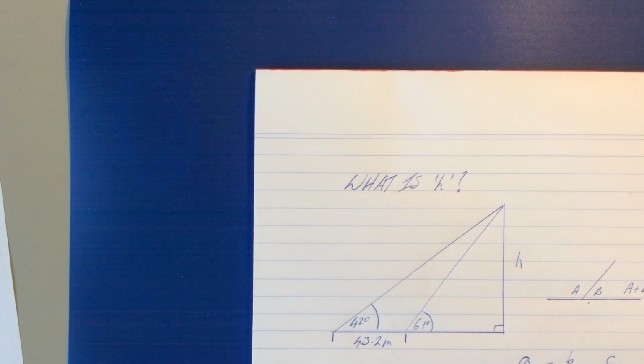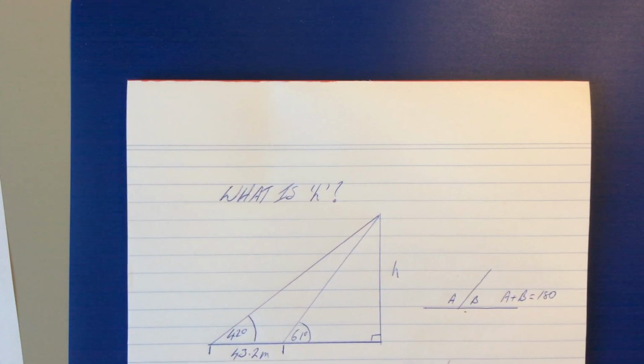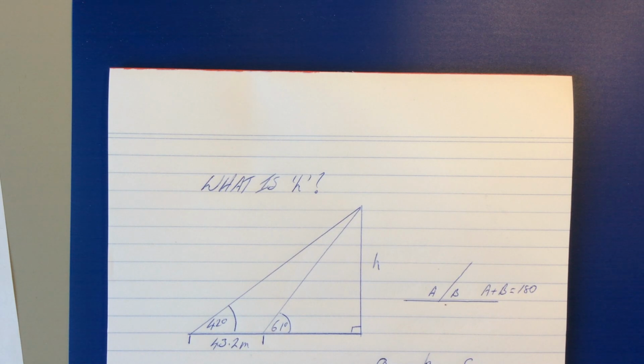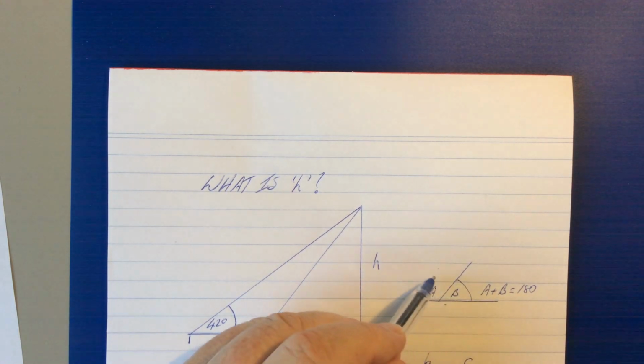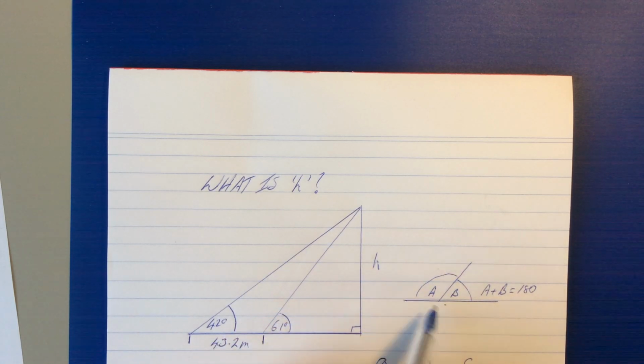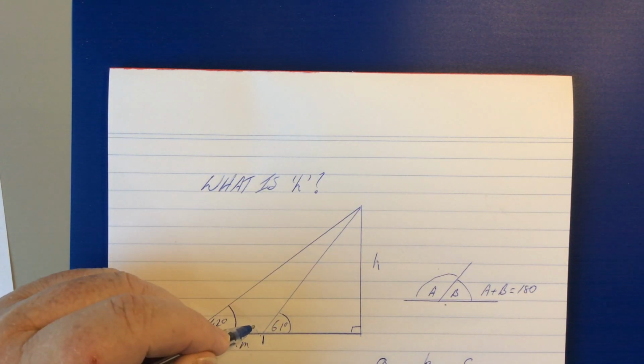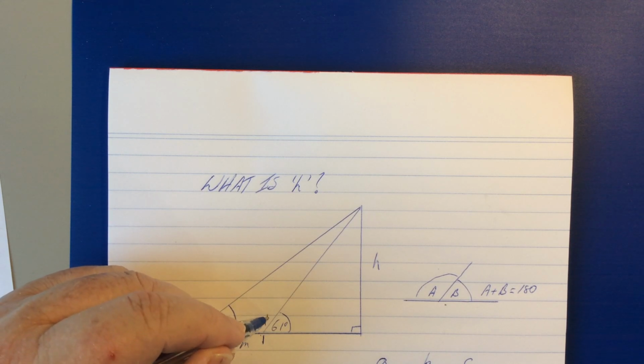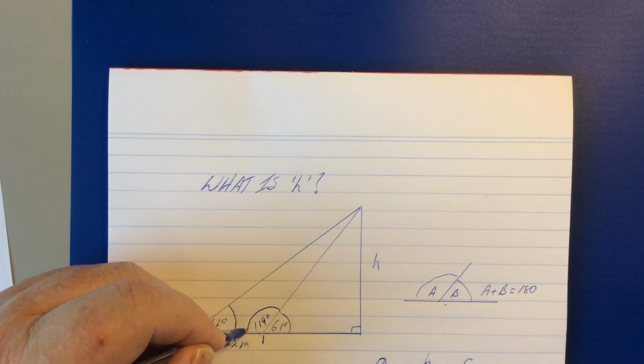Well, we try and find some more information, and we're going to use this rule that says where you have two angles on a straight line, they must add to 180 degrees to find this angle in here. So 61 from 180 is 119 degrees, so that's in there.